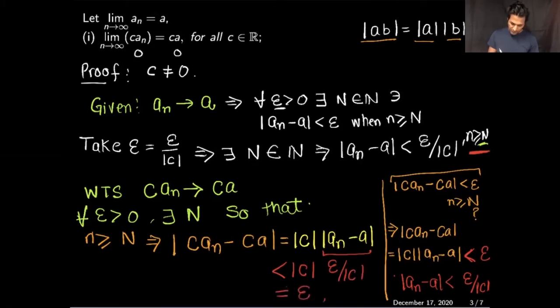And this is true for n strictly bigger than capital N. So this proves the first property of our limit, that the limit of C an is equal to C a. So this completes the proof of this theorem.